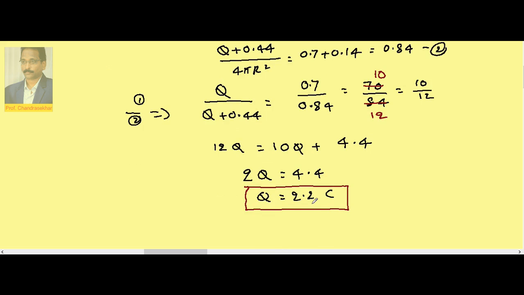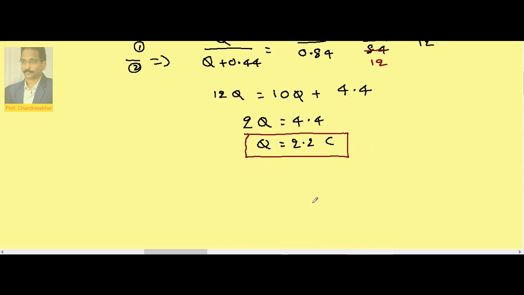Now substitute this q value into equation 1. The first equation is q by 4 pi r square is equal to 0.7.